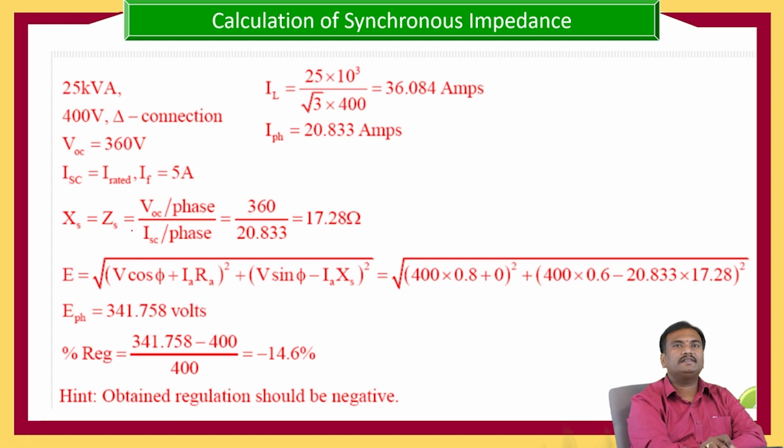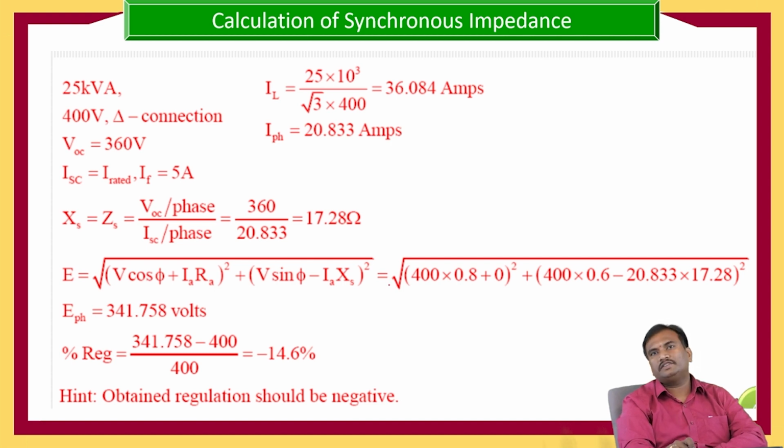Where XS is equal to ZS, which is 360 by 20.833, equal to 17.28 ohms. Where E is equal to the square root of (V cos phi plus IA RA) whole square plus (V sin phi minus IA XS) whole square.